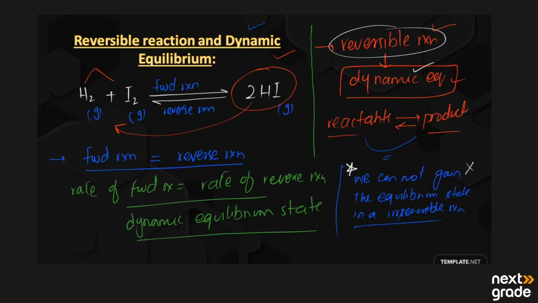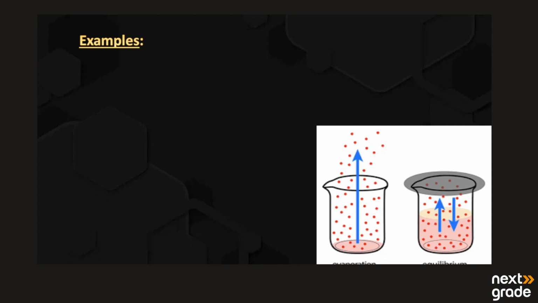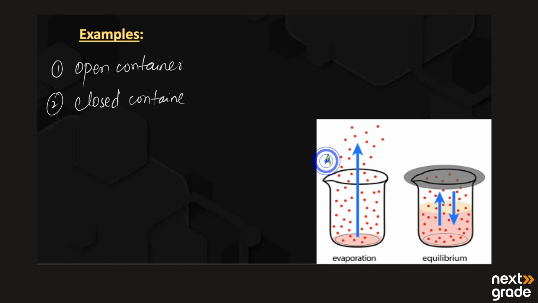Next we have an example of dynamic equilibrium. Here we have two systems. The first system is an open container, and the second is a closed container.